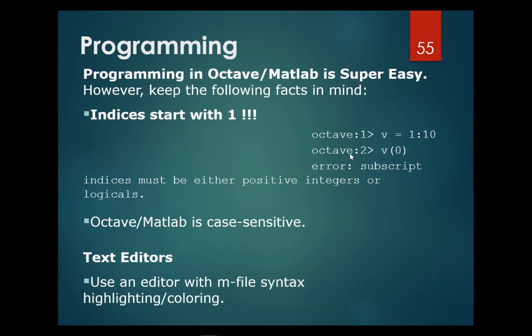And then if you want to refer to a particular element in the array and you do vin of 0, it will return a subscript error because it doesn't have a 0 index. If you do vin of 1, that will return 1. You can try it and see. So that emphasizes that arrays in Octave strictly start from 1 and not 0.